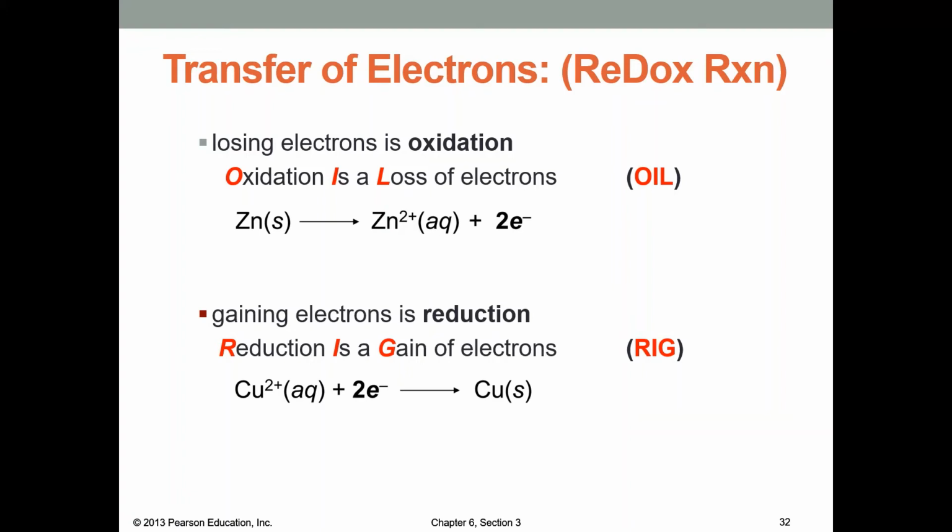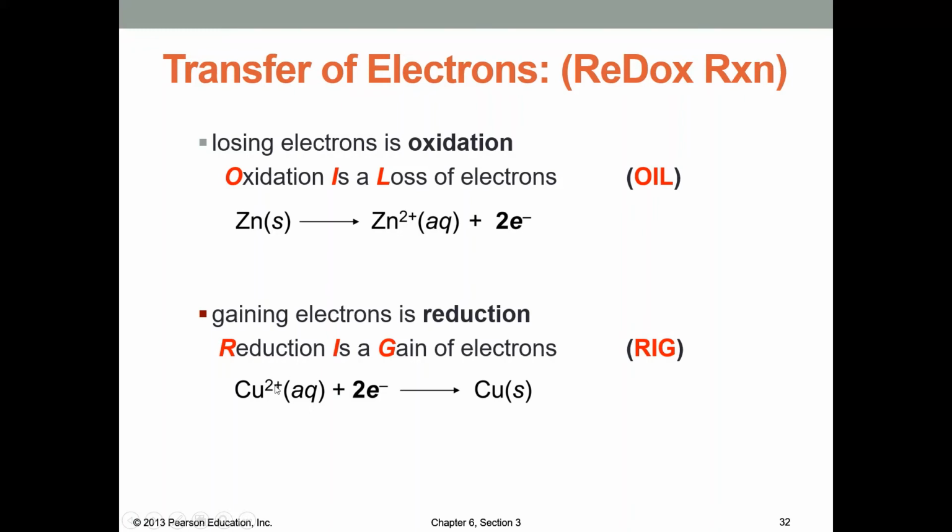Oxidation is a loss of electrons. That means anything that is being oxidized is going to become more positive, and it's going to lose its electrons. The electrons will be shown in the product side because they are lost. Reduction is a gain. In a reduction, you are gaining electrons.